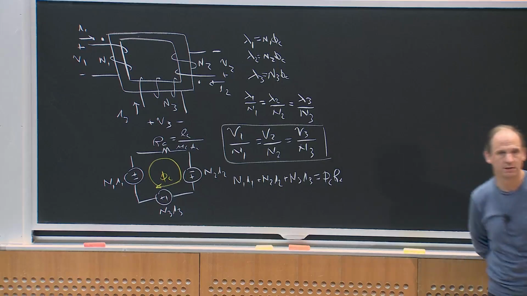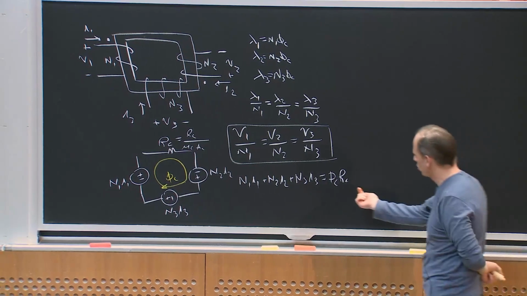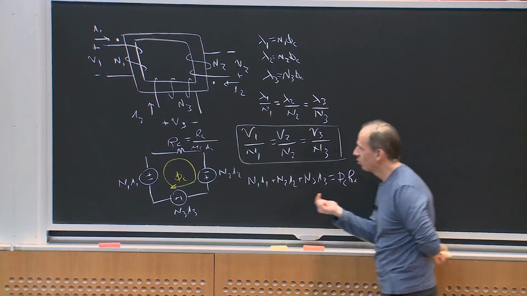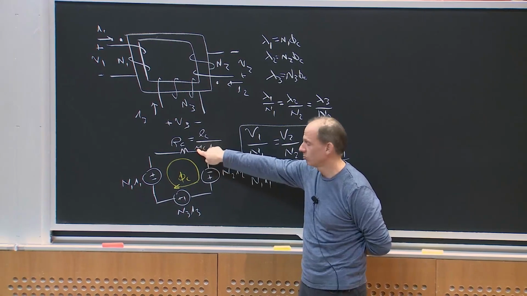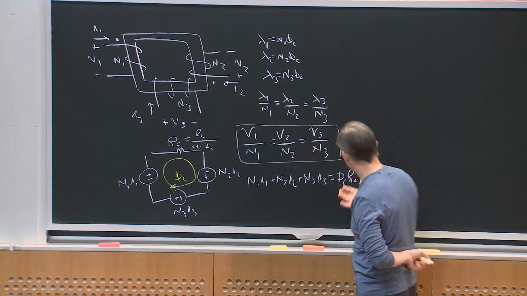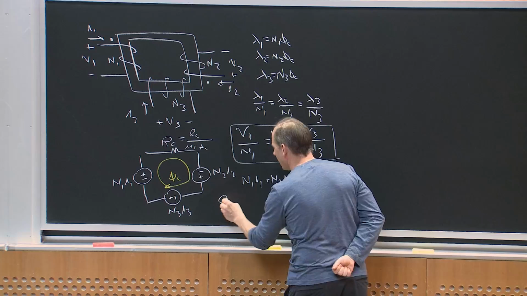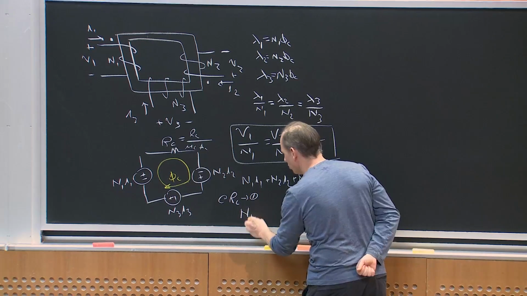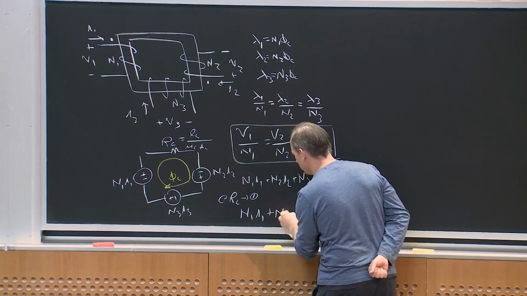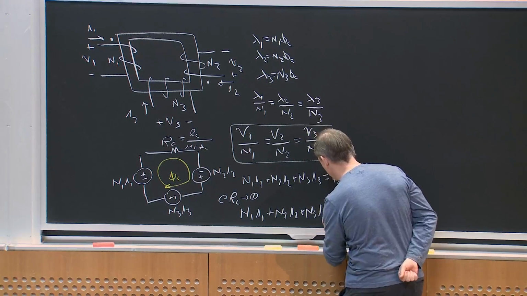Everybody buy that? Okay, well if the reluctance of the core equals 0, equivalently because the permeability went to infinity, then the right-hand side becomes 0, and what I get is N1 I1 plus N2 I2 plus N3 I3 is equal to 0.